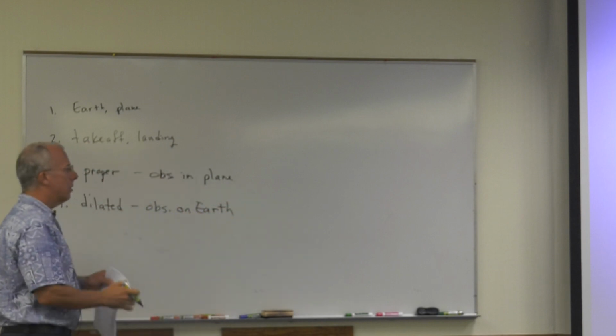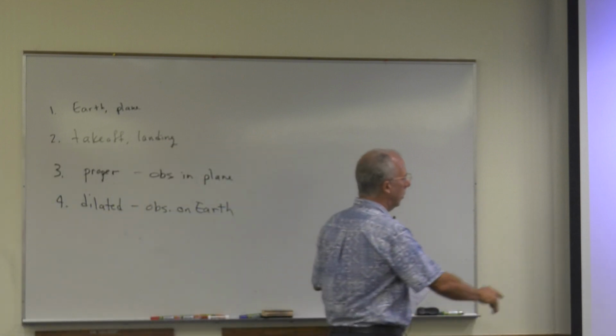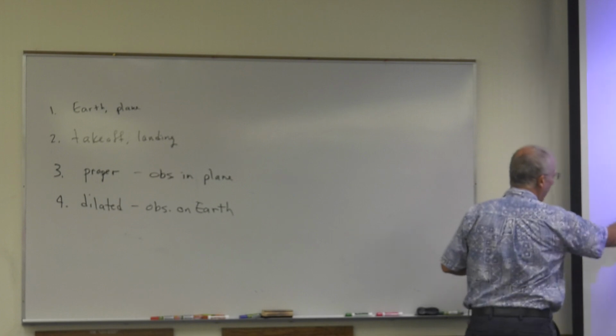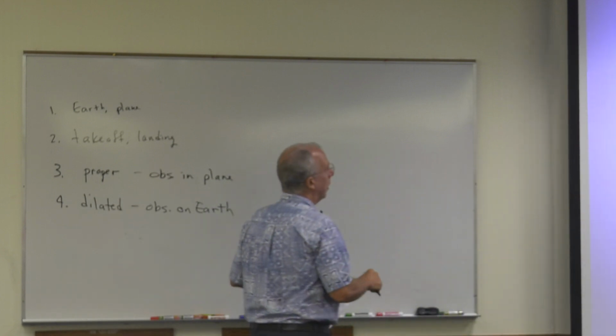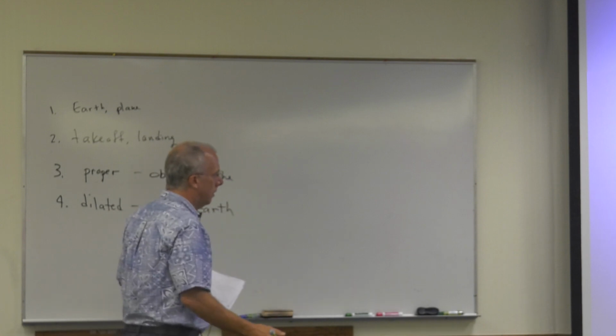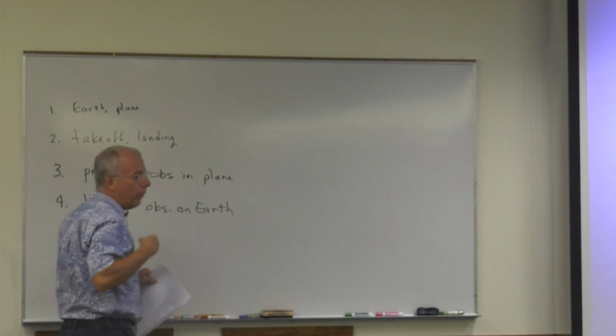Okay, so now you've got to get to work. You notice you also have to calculate gamma. Delta T is the dilated time. That's what we would measure on Earth.